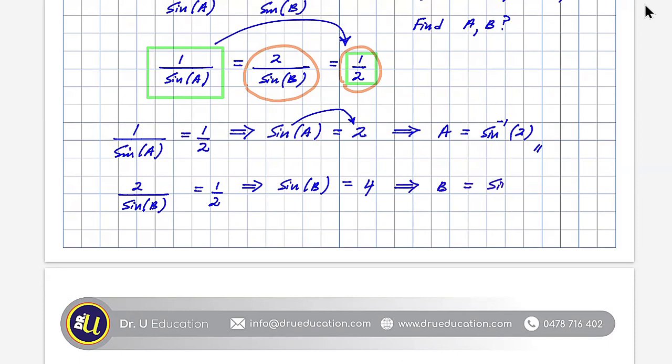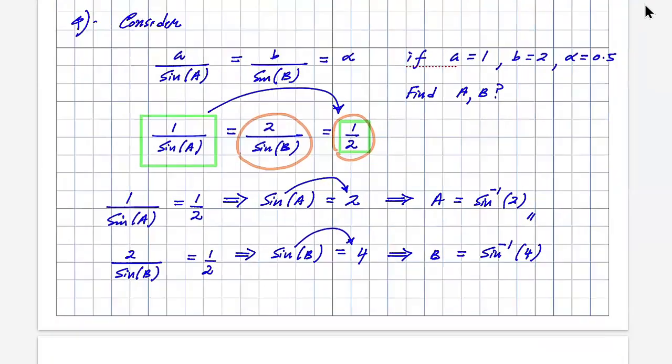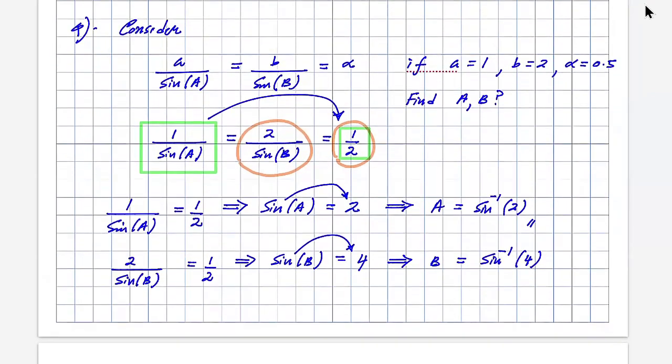Now you know how to do that. Sine inverse 4. So you bring this sine to the other side. For now, you can think in that way. The inner piece I will teach you next year. I can't teach you now. But this is important. Everybody should know this. So this is how you find A and B.